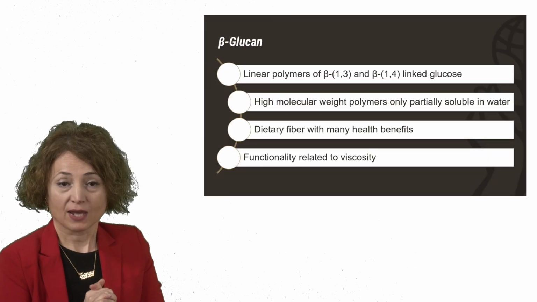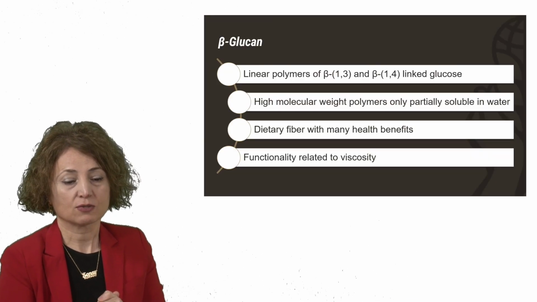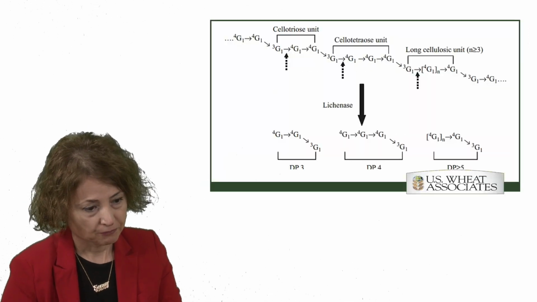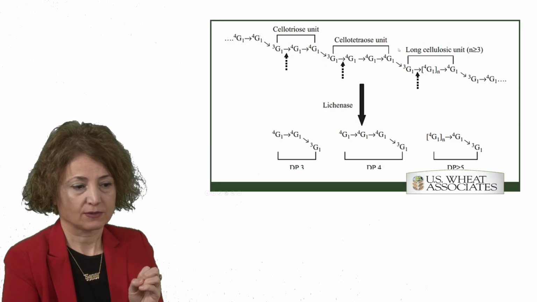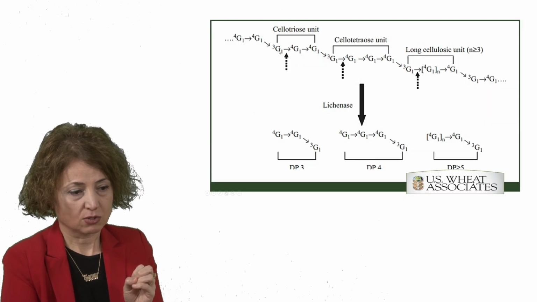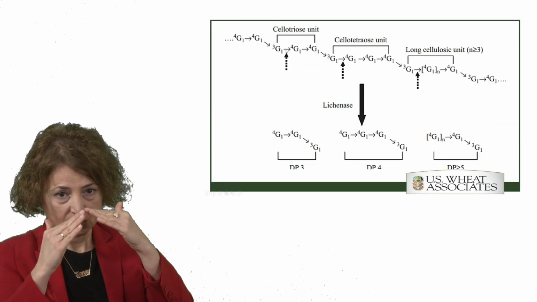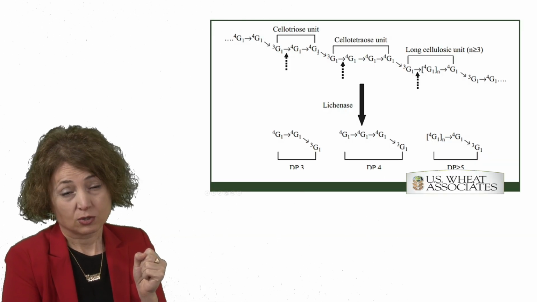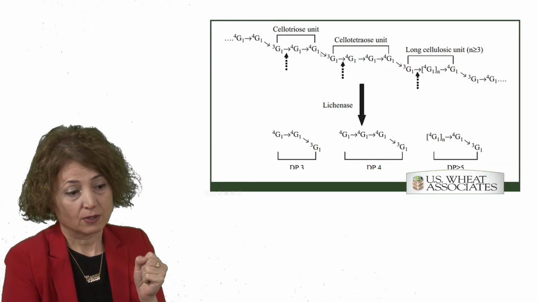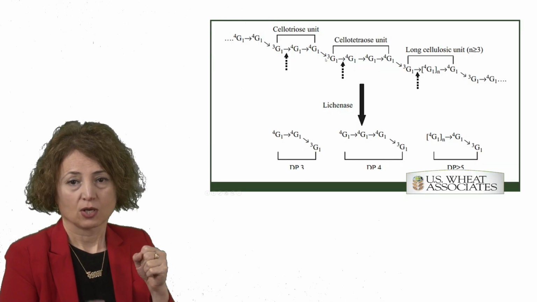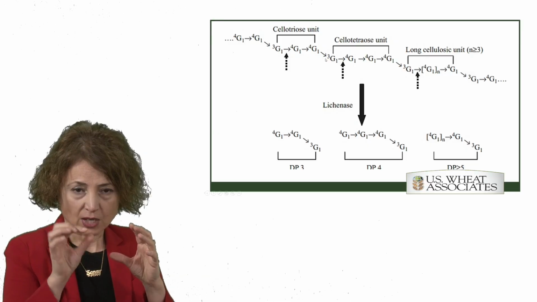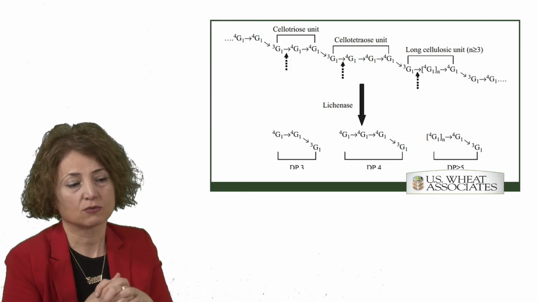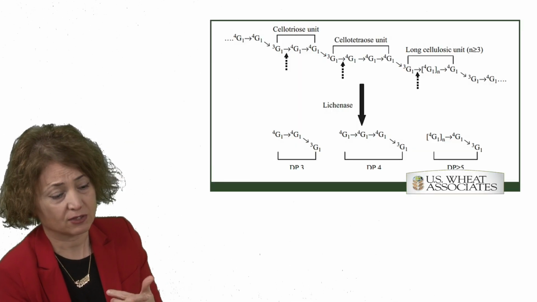Beta-glucan is very similar to cellulose. It's beta-1,4-linked glucose, but there is one small difference. Again, this is the beta-1,4 linked glucose I just described, but every 3 or 4 glucose molecules, we have a 1,3 linkage. 1,3 refers to the carbon number in the glucose I showed you during the non-starch polysaccharide discussion.